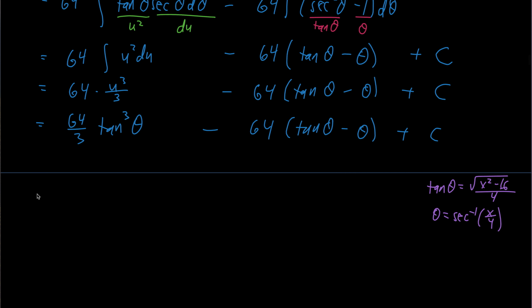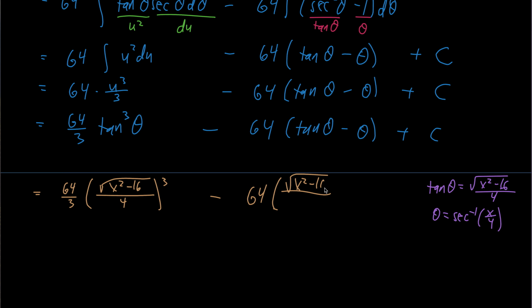Well, I'm going to get 64 over 3 tan theta, which is the root of x squared minus 16, divided by 4. That'll be cubed. And then I'm going to subtract 64, same deal, root x squared minus 16 over 4 minus secant inverse x over 4 plus c.